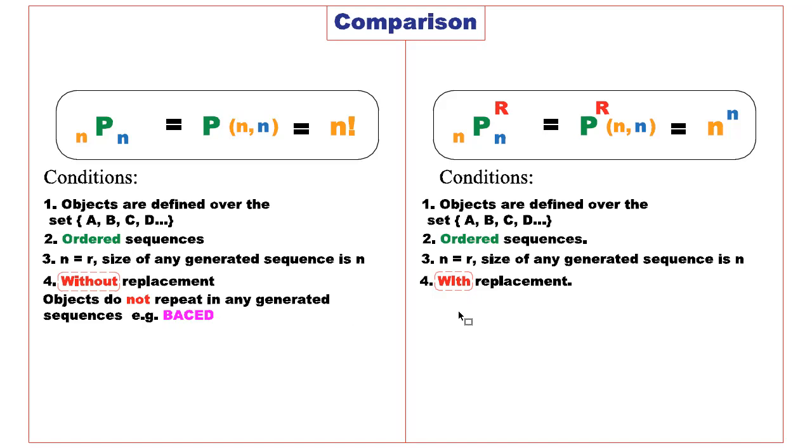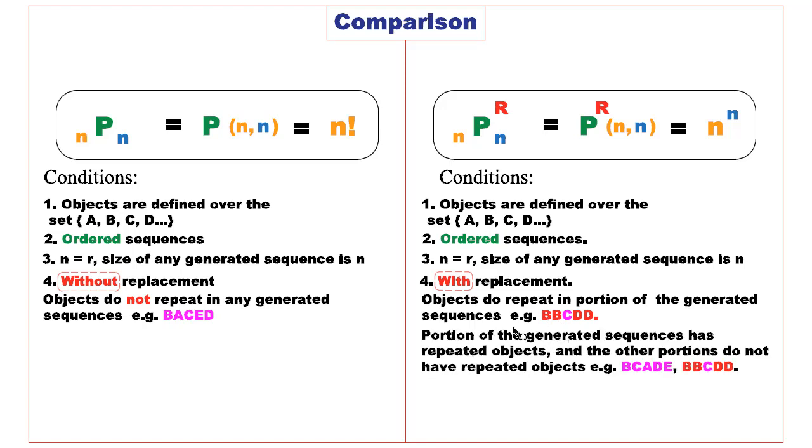Now, in the case of replacement, we are going to find sequences such as BB, C, DD. In such a case, objects will be repeated more than once, and there will be sequences where objects are not repeated. So we are going to have both here. This is really important to notice.